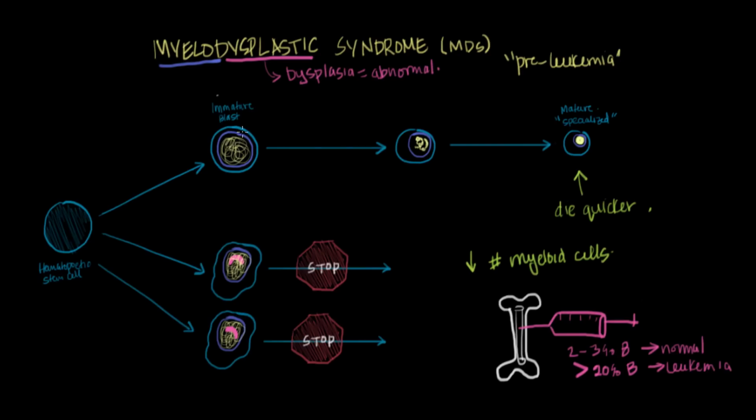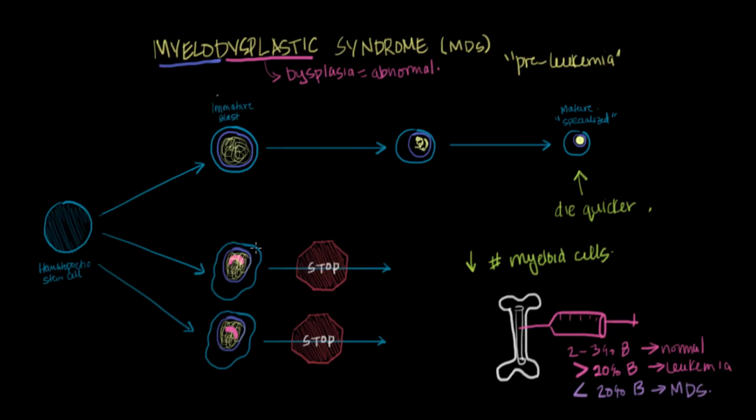However, because we don't have a cancer, these cells aren't dividing rapidly and out of control, we wouldn't expect to see greater than 20% blasts as we do in leukemia. Instead, we see less than 20% blasts, but greater than 2 to 3%. So greater than what's normally expected, but less than what's seen in leukemia. And that's what we see in myelodysplastic syndrome.